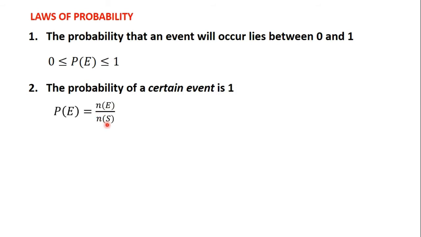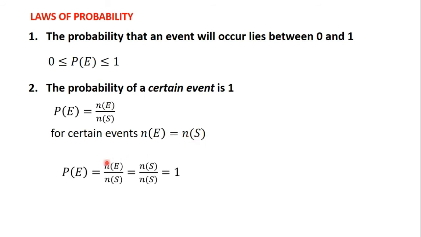But we know that for certain events, the number of elements in the event is the same as the number of elements in the sample space. This means that we can replace the number of elements in E with the number of elements in S. Now, this is what I mean.